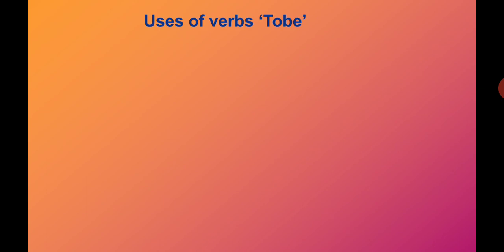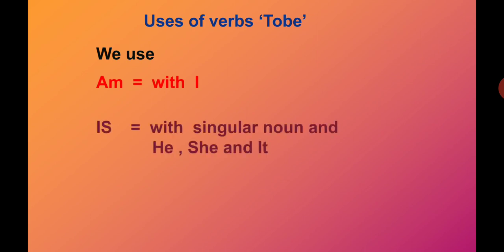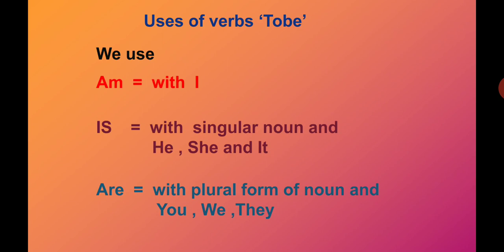Now let's see the uses of verbs to be. How to use verbs to be, where and with which noun or pronoun. We use am with I, is with singular noun or pronoun he, she and it, and are with plural form of the noun, and if there is you, we and they in the sentence.